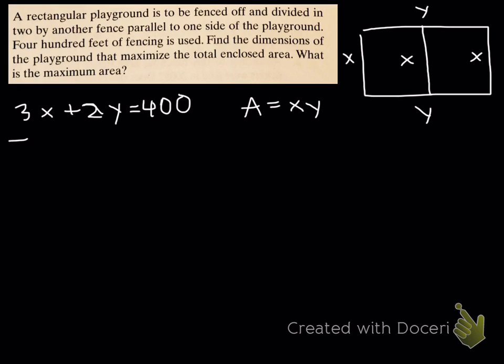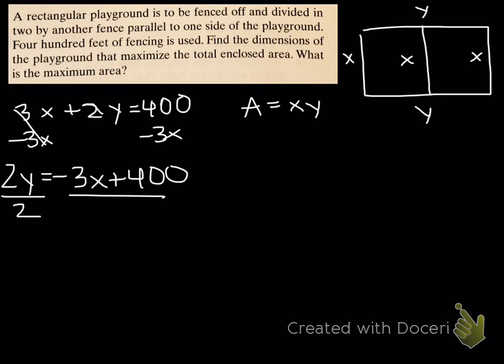So I need to solve this equation for y by subtracting 3x. So 2y equals negative 3x plus 400. And then we're going to divide everything by 2. So y equals negative 3/2 x plus 200.